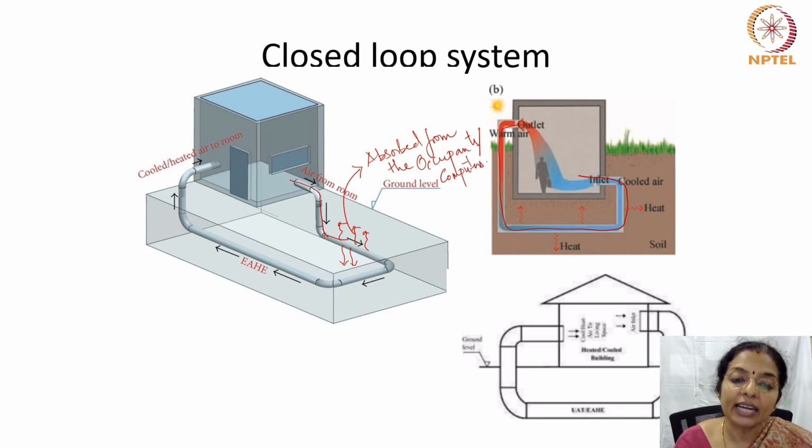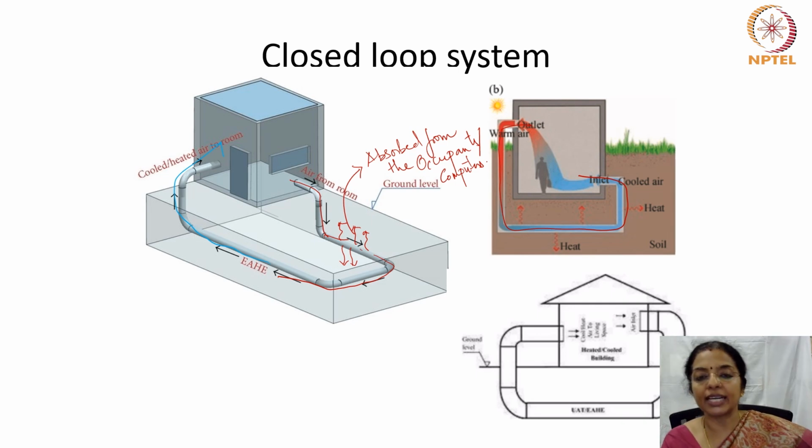And in that process, the earth makes this air cooler, and this air flows back to this room. Then this cooler air will absorb the heat from the occupants. The occupants generate heat. The apparatus, contraptions like computers or machineries, they generate heat, because of which the indoor air becomes warm.